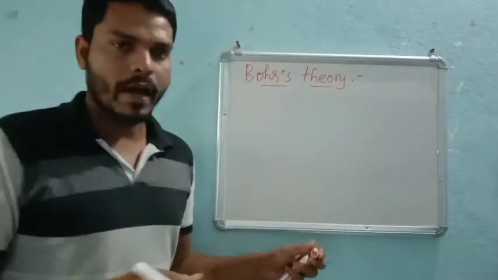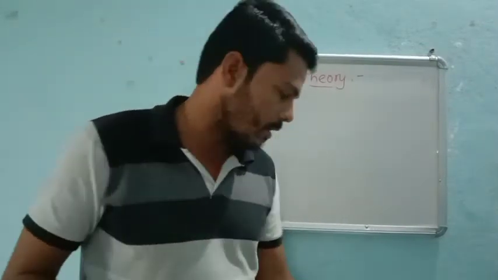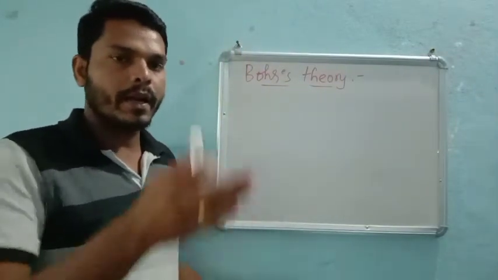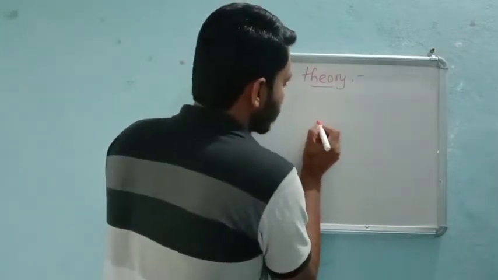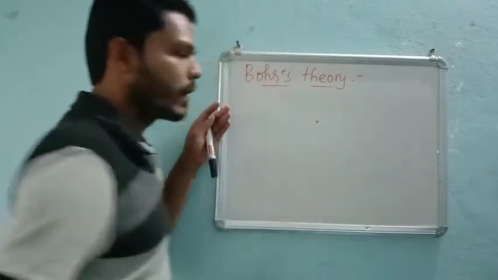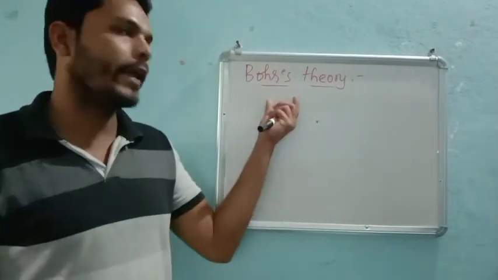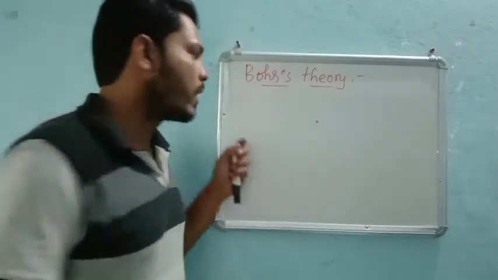Now I will explain with the help of a diagram. I will not go point-wise like in the last class, but today I will take one atom and explain that part. So let us consider there is an atom. The first point about Bohr is that the electron always revolves around the nucleus.